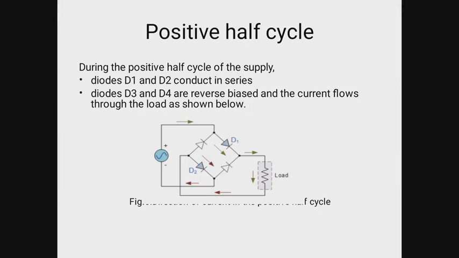That means when the positive half cycle passes, diodes D1 and D2 will be in conducting state, and they operate in series, and at the same time diodes D3 and D4 are both reverse biased. That means no current will pass through diodes D3 and D4, because we have already seen that a diode is a unidirectional device. That means current will always pass from P to N side.